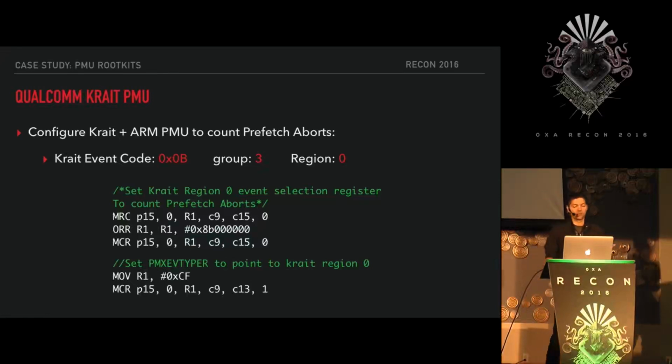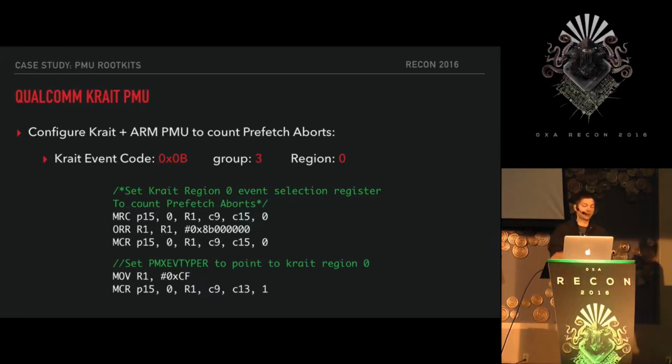So in order to configure our PMU to count prefetch aborts, we have to shift the B over by 3 bytes, and then we write that to the Krait region 0 event select register.